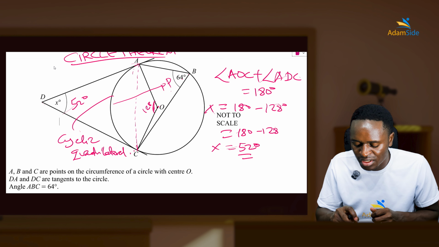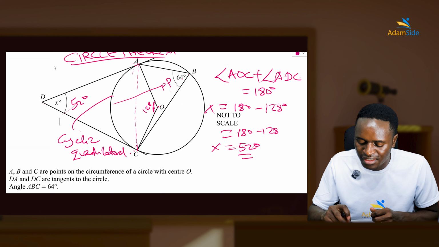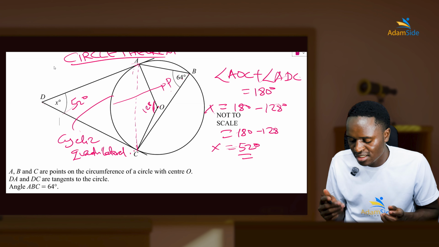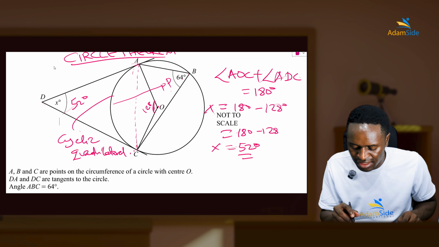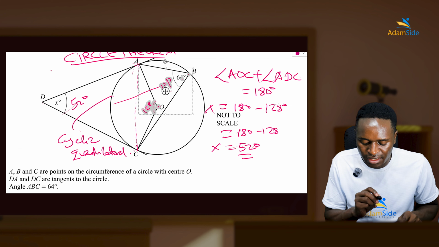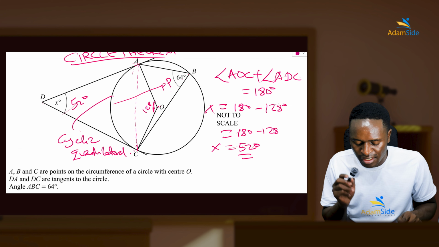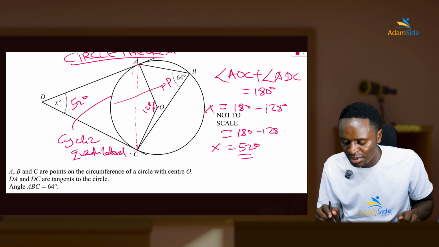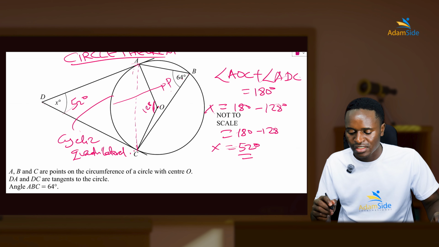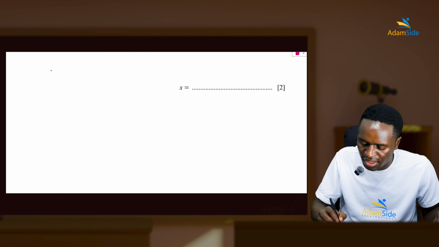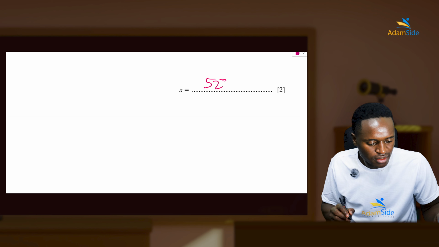If you have 128 and you want the angle at the circumference, you take 128 divided by 2. But if you're given 64, you multiply by 2. That's how you get it. After getting that 128, it's supplementary with angle ADC, and you just say 180 minus 128 to get 52 degrees. Next question. So you write here your answer as 52 degrees.